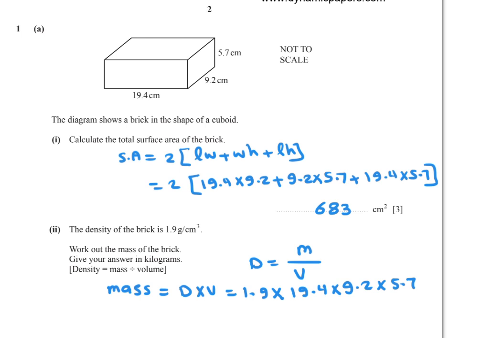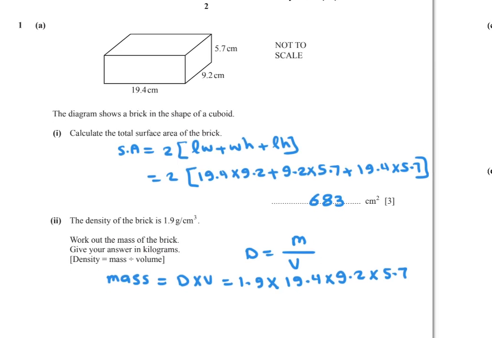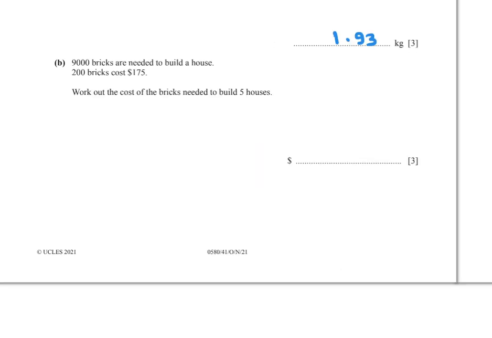If I need the answer in kilogram, to convert from gram to kilogram, you need to divide by 1000. So the answer equals 1.93 to three significant figures.